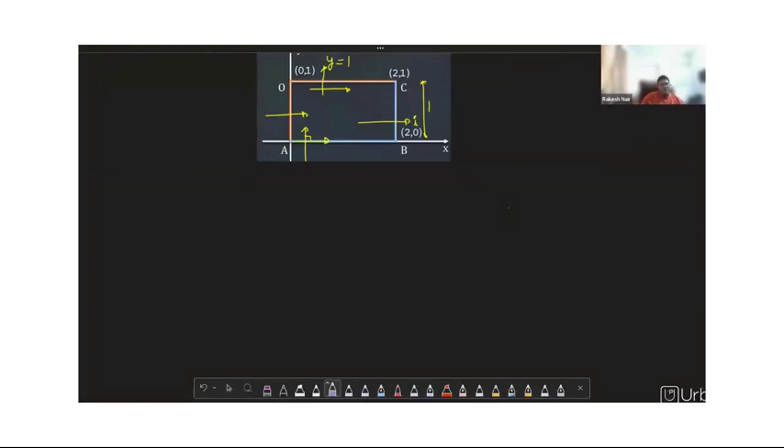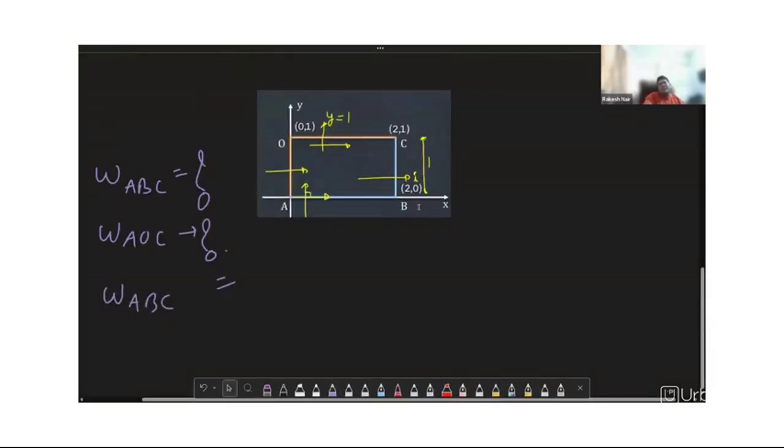Let's frame the equations. We need to calculate the work done by the path ABC and then the work done by the path AOC. The work done by the path ABC: the body starts from here, traversing AB, and then from B to C. So it is the work done in traversing AB plus the work done in traversing BC.